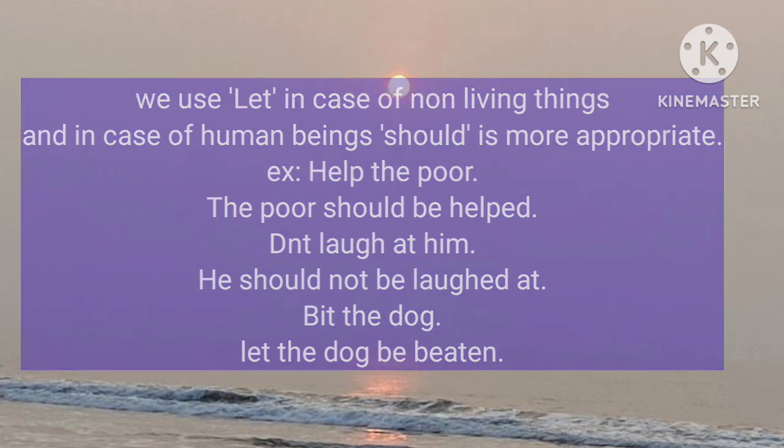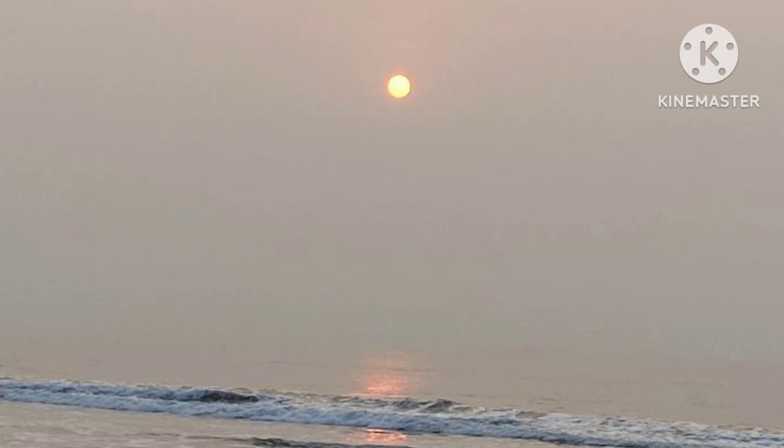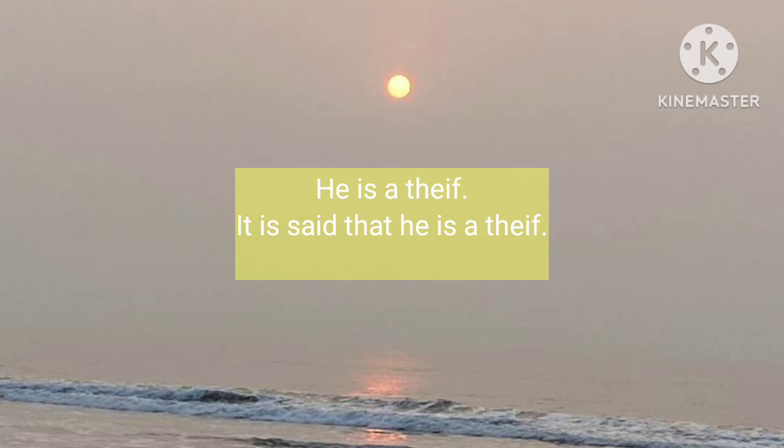Sometimes we get sentences like people say that he is a thief, or sentences like everyone knows, starting with people say or everyone knows. Let's take an example. People say that he is a thief. What will be the passive of this type of sentence?